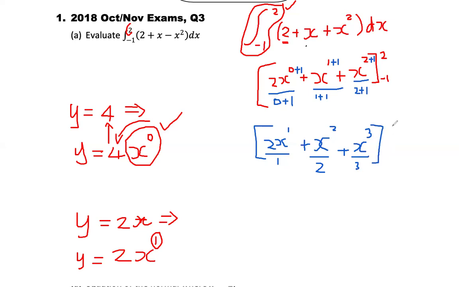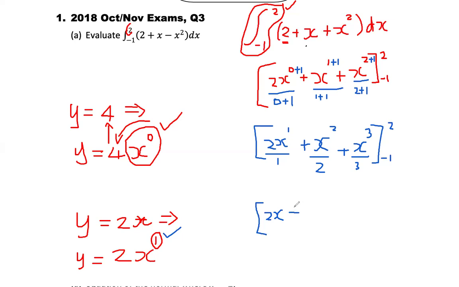Yes. 2 and -1. Once we reach this point, our troubles are almost over. Now, what do we do? If the power is 1, remember at the beginning, do we indicate it? No. And if the denominator is 1, when you divide by 1, is it going to change anything?